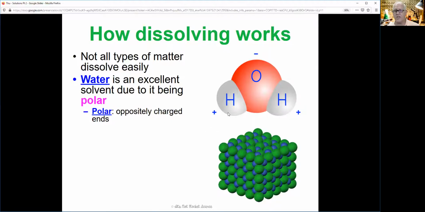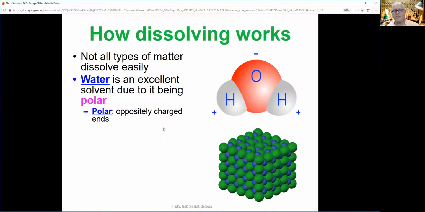And we just looked at that. The oxygen side of the molecule is slightly negative. The hydrogen side of the molecule is slightly positive. And if you remember how those water molecules stay together, the negative side of the oxygen of the water molecule is attracted to the slightly positive side of the hydrogen part of the molecule, and that's what forms that hydrogen bond.